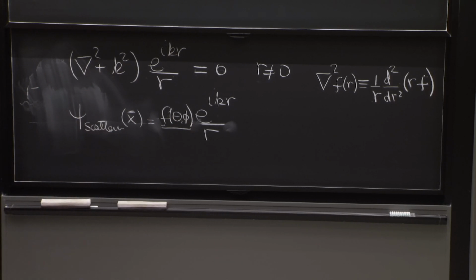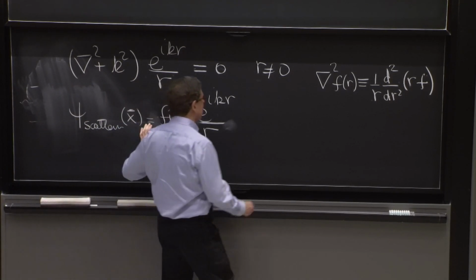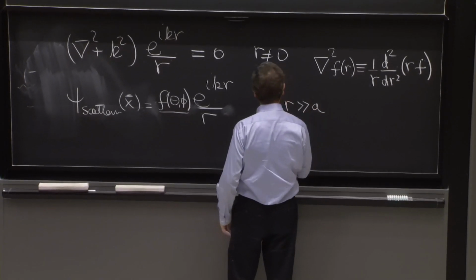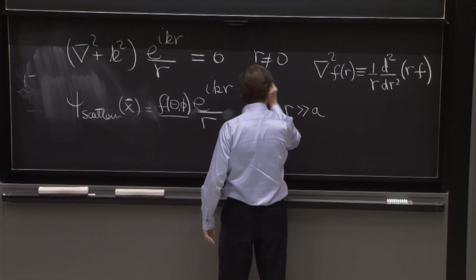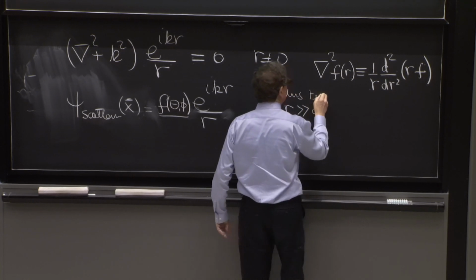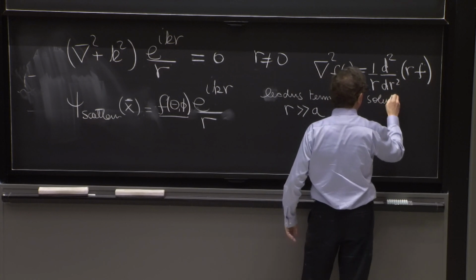Well, this is true, and we will see that better soon. But this will remain an approximate solution for r much bigger than a. It is the leading term of a solution.